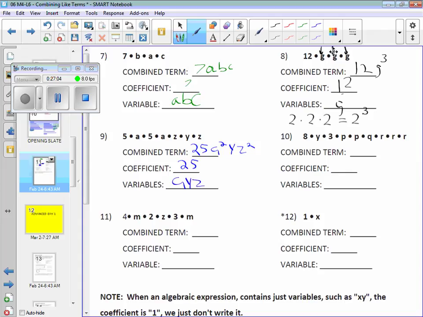How many of you have 25 a squared y z squared? Give yourselves a round of applause. You're doing algebra. Congratulations.